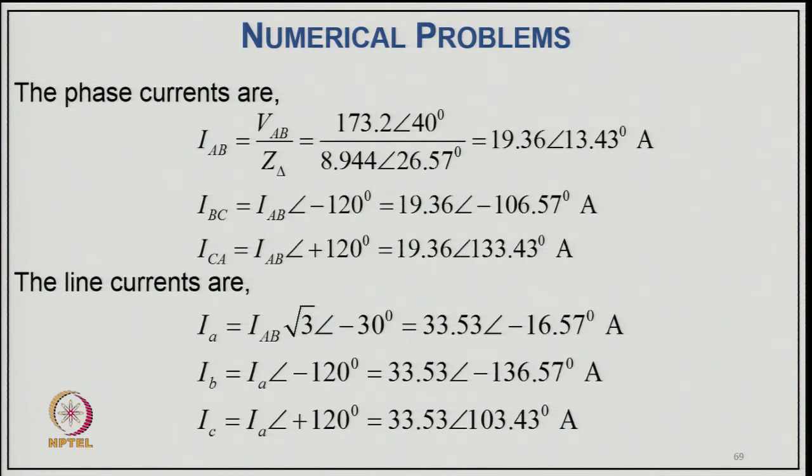And now the line current I_a is I_ab times root 3 at the angle of minus 30 degrees, that becomes 33.53 at the angle of minus 16.57 ampere. Similarly, for I_b and I_c you have the same magnitude of 33.53, but the angle differs by 120 degrees: minus 136.57 for I_b, and I_c is 33.53 at the angle of 103.43 degrees ampere.